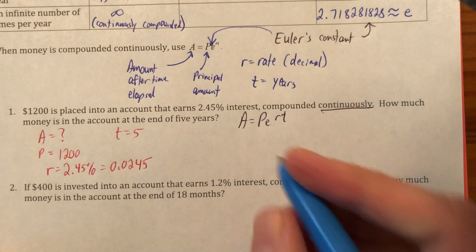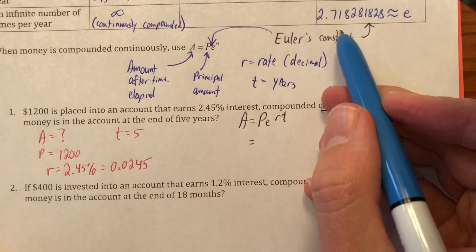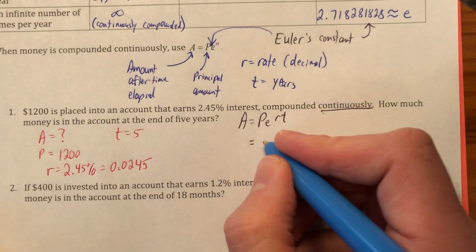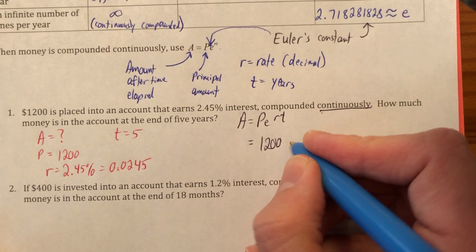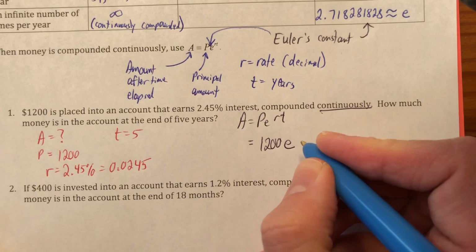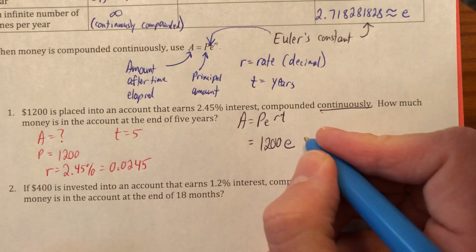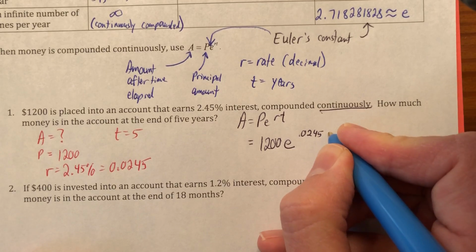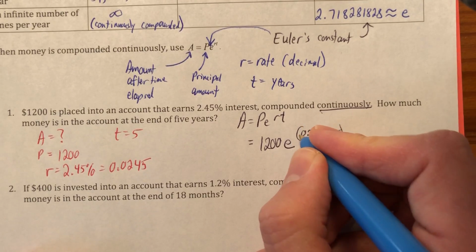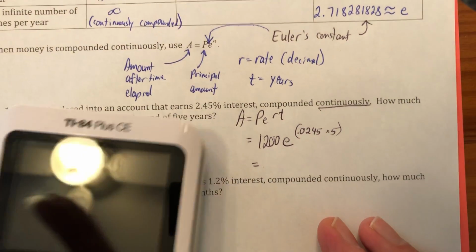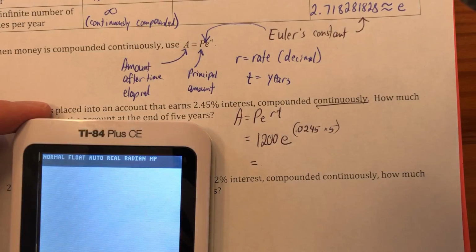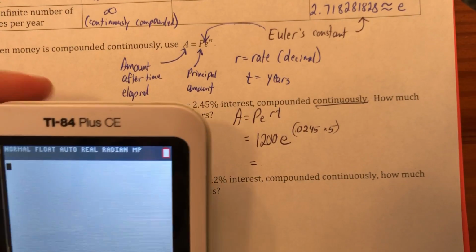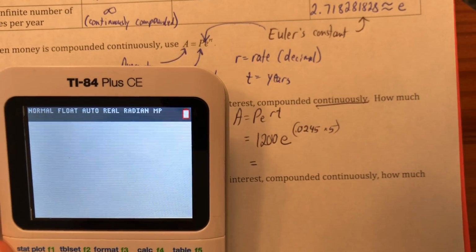Now, lucky you, there is an E button on your calculator, so you don't have to type 2.71828. So 1,200 E, and you don't have to write it, you just put the letter E to the 0.0245 times 5. I'm going to put that in parentheses just to make it look neat. I'll grab my calculator that almost has a dead battery. I'll have to charge it in a second.